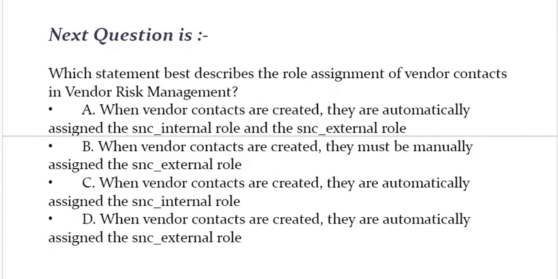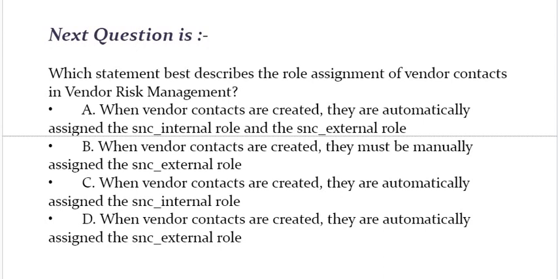Question is, which statement best describes the role assignment of vendor contacts in vendor risk management? Option A. When vendor contacts are created, they are automatically assigned the SNC_internal role and the SNC_external role. Option B. When vendor contacts are created, they must be manually assigned the SNC_external role.